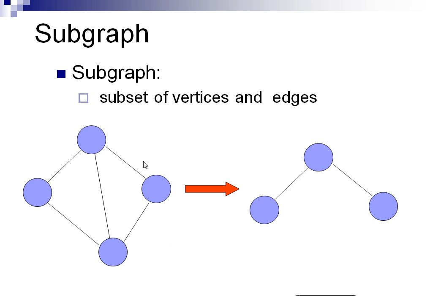Now if this is the graph G, a subgraph can be formed out of this G by reducing the number of edges as well as vertices. So a subgraph will not include all of the vertices and all of the edges, but it will include a subset, a small number of vertices and edges. Here you can see.